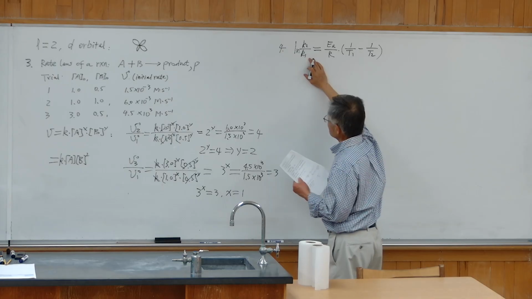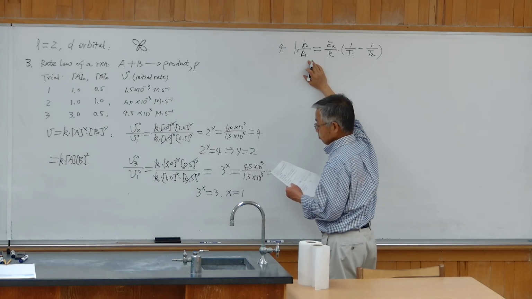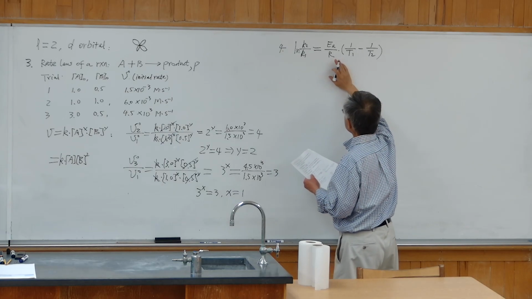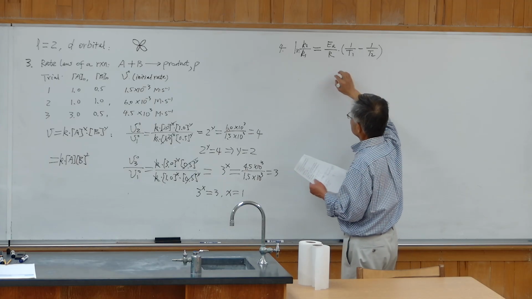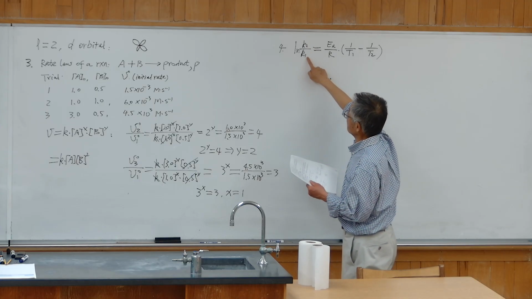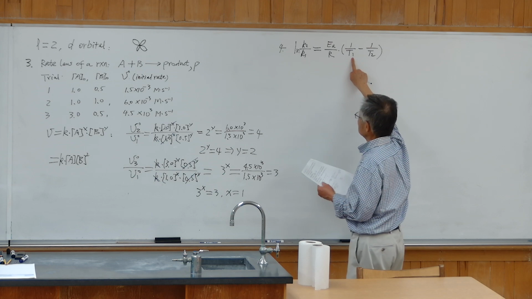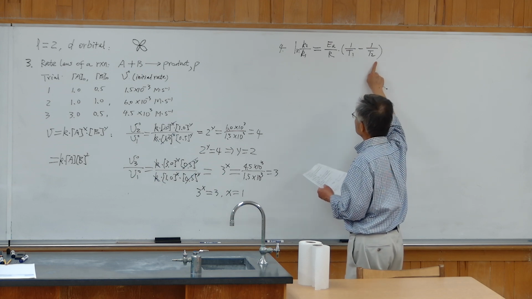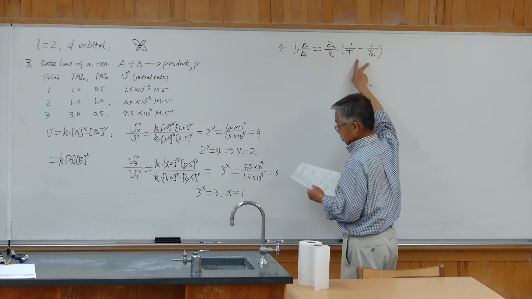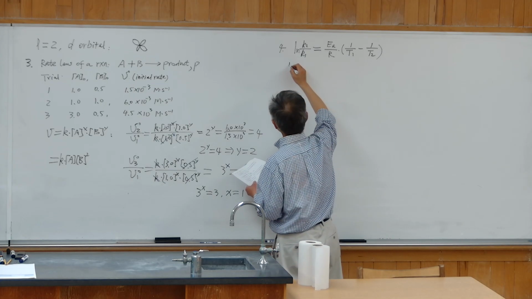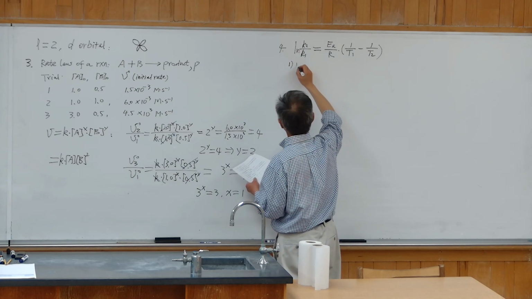Log K2 over K1 equals Ea divided by R times inverse of T1 minus inverse of T2. So be careful with the order. If you put K2 over K1, here is T1, T2. The order is opposite.